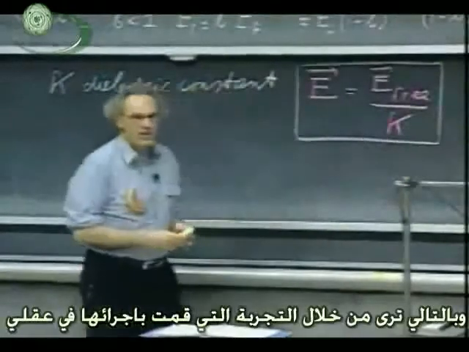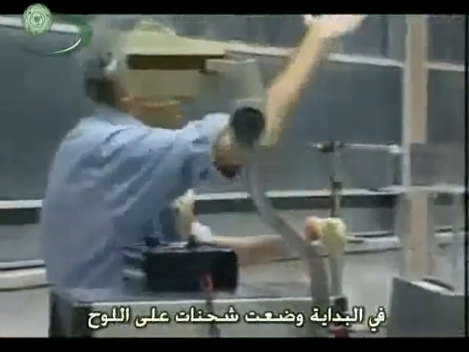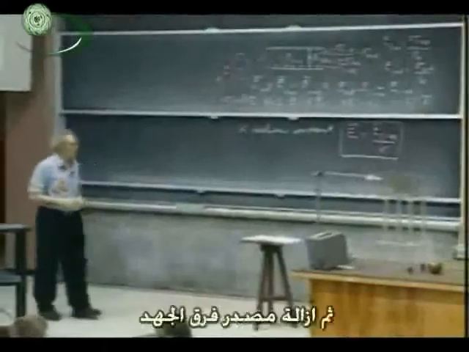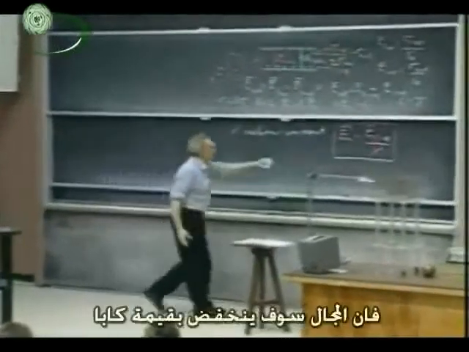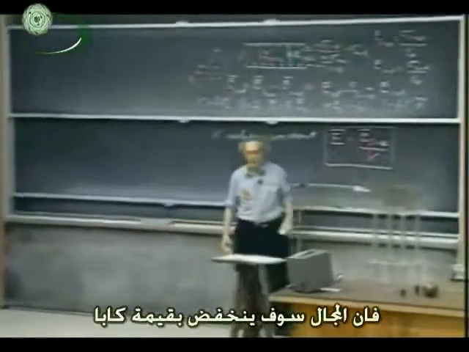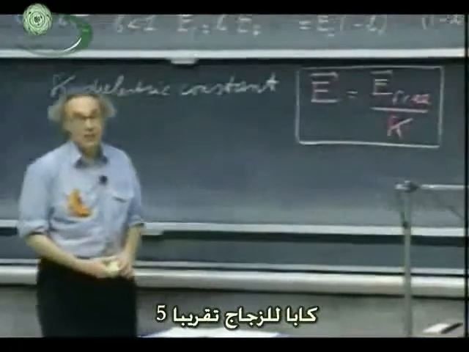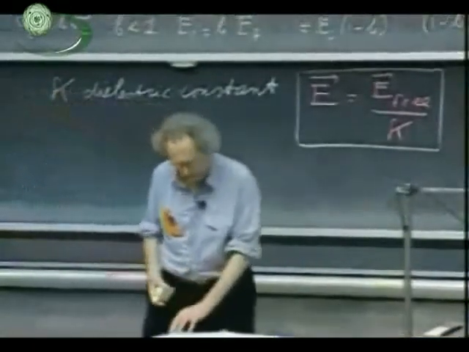And so you see in this experiment that I did in my head, first bringing charge on the plate, certain potential difference, removing the power supply, shoving in the dielectric, that the E field will go down by a factor kappa. Kappa for glass is about 5. That would be a major reduction. I will show you that later.